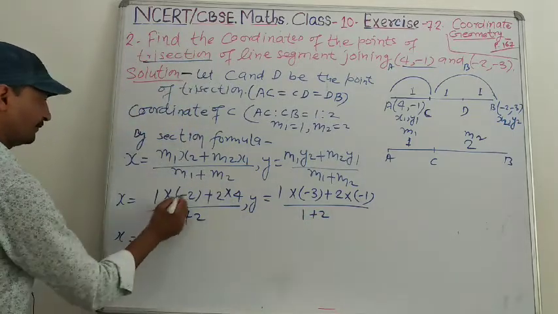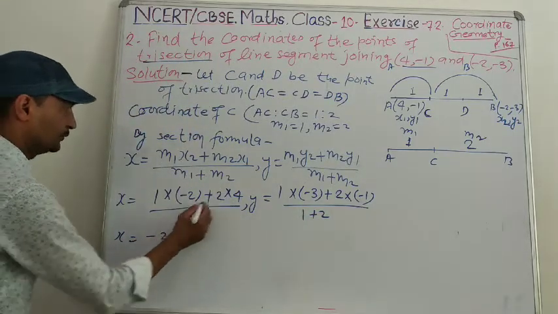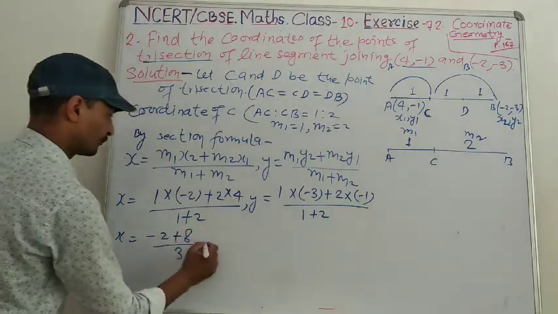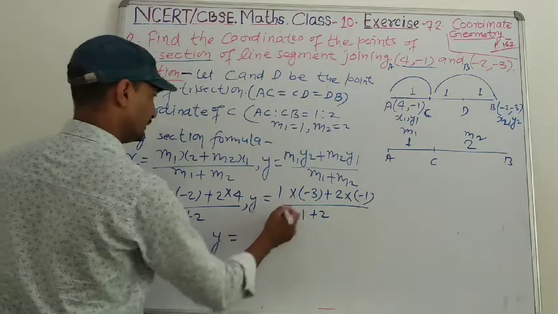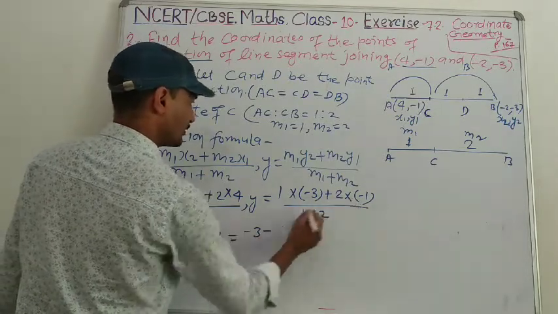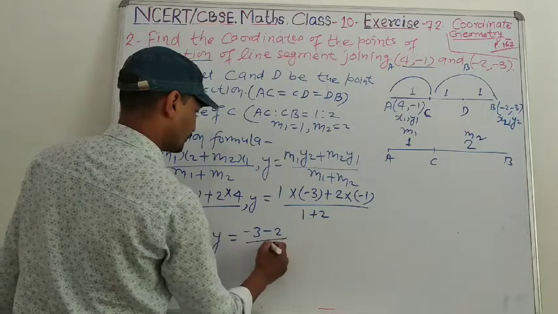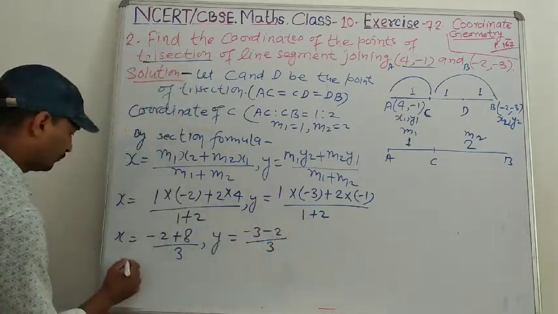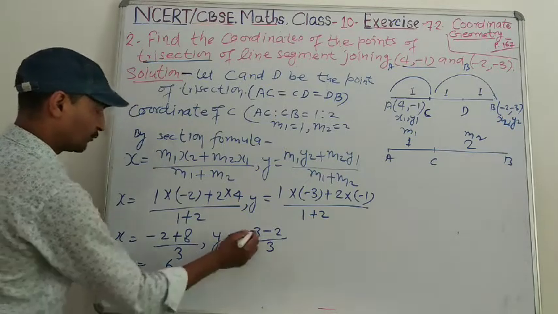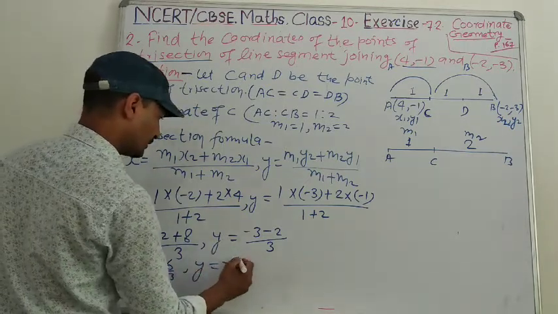Then what we get here: -2 into 1 is -2, plus 2 into 4 is 8, by 2 plus 1, 3. And y equals -3 plus 2 into -1, that is -2, by 2 plus 1, 3. So here 8 minus 2 is 6 by 3, and y equals -3 -2, that is -5 by 3.